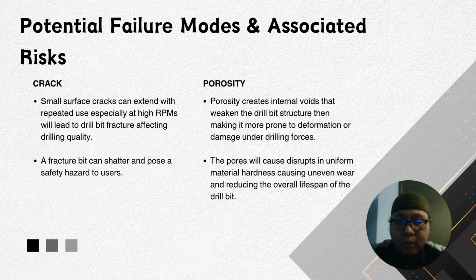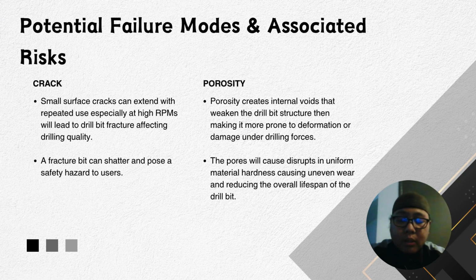So we're moving on to potential failure modes and associated risks. For cracks, small surface cracks can grow larger with repeated use, especially at high rotational speeds. This can eventually cause the drill bit to fracture, resulting in poor drilling performance or even complete tool failure. A fractured drill bit can also shatter during operation, which poses a serious safety risk to the user.